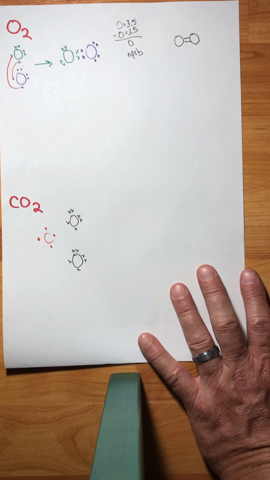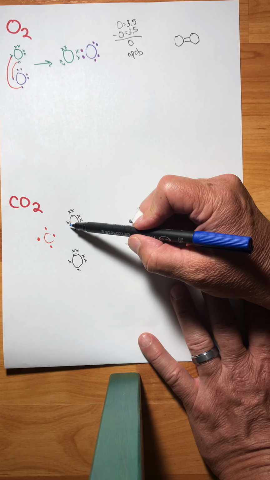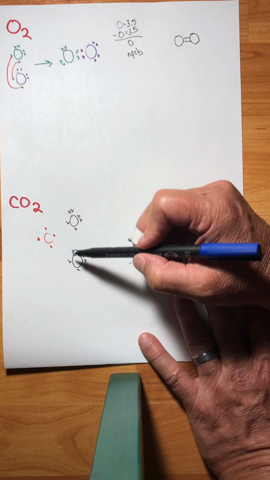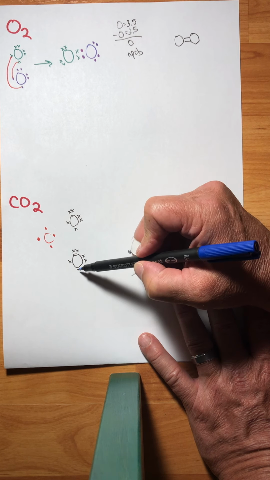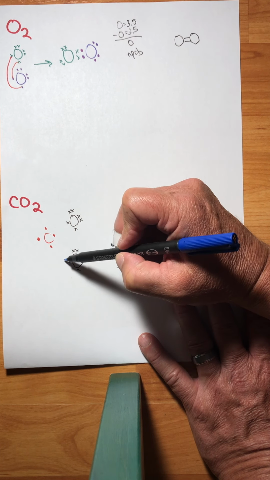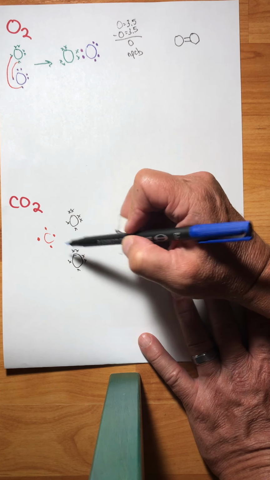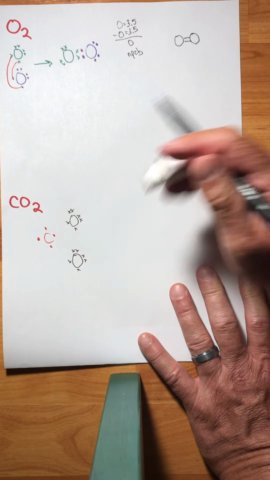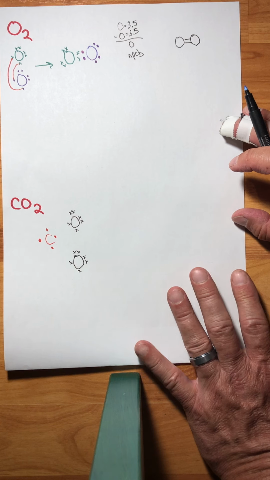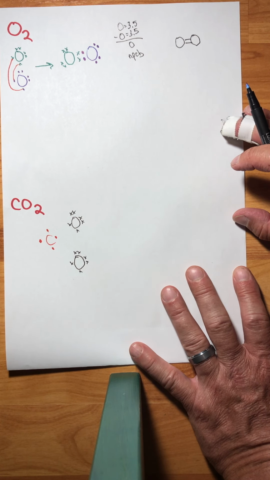Well, if you hooked up the oxygen, I'm not going to do it here because I don't want to mess up, but if you hook the oxygen up, right, imagine that hooked up, this one hooked up, and this one hooked up, what you're doing is you're creating, there's just really no chance to have enough electrons around carbon if you do it that way.